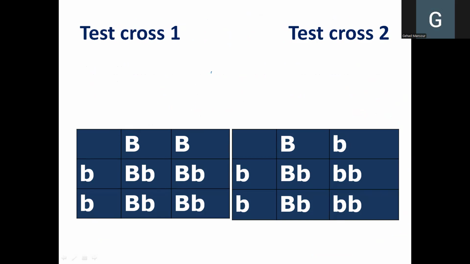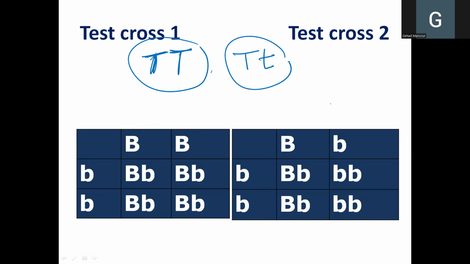When you have a dominant phenotype, like, for example, a tall plant, you can never know whether this tall plant is pure, capital T capital T, or capital T small t, because you can make sure only when you see the nucleus, the chromosomes, and when you have enough technology to decipher the DNA and know whether this is the sequence for a dominant allele or a recessive allele. But through a simple genetic experiment, Mendel could know this.